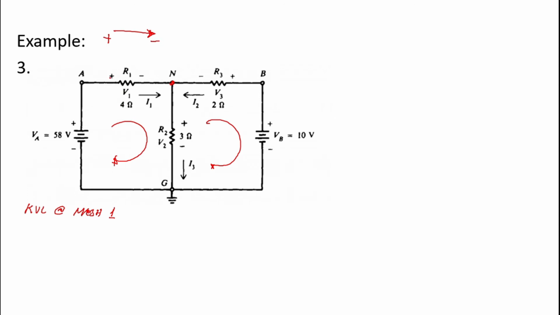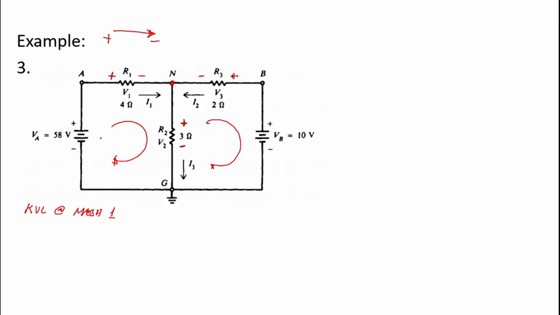Kaya siya ngayon dito, positive, negative, papasok. Ito rin, positive, negative kasi papasok siya sa node and then ito man palabas. Kaya ang positive niya nasa taas and then negative na sa baba kasi yung arrow niyan ito. Okay? And then ang pagbasa mo ng equation, pakanan. Clockwise direction.